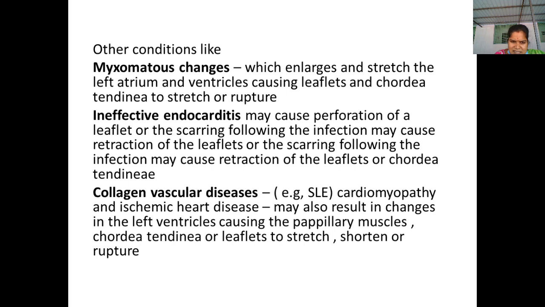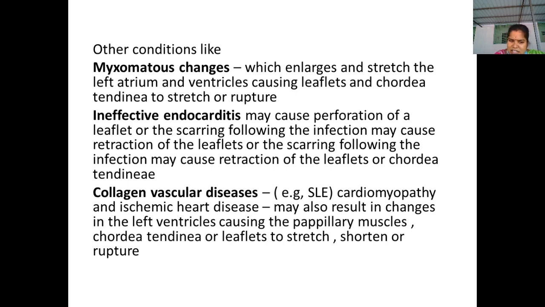Collagen vascular diseases. One example is systemic lupus erythematosus, that is SLE. This is an immune disorder. Cardiomyopathy and ischemic heart disease are also among these. Because of this, there will be left ventricular changes.